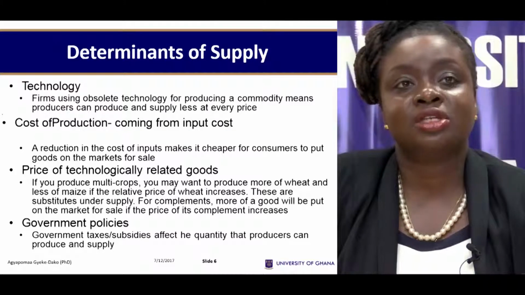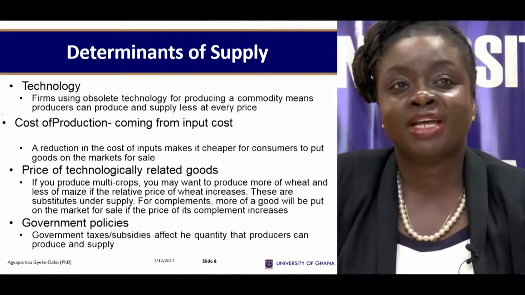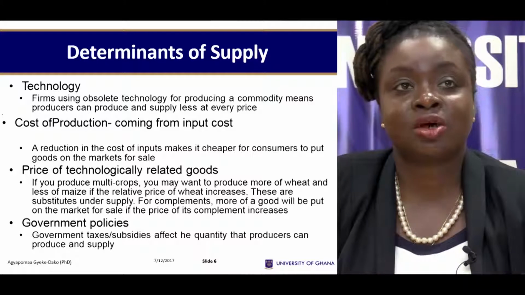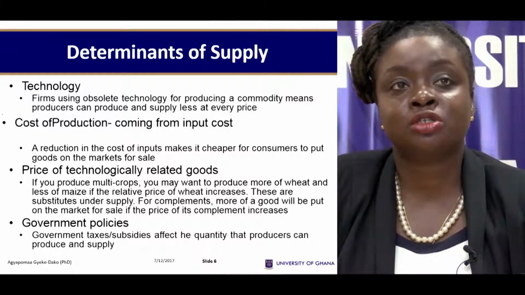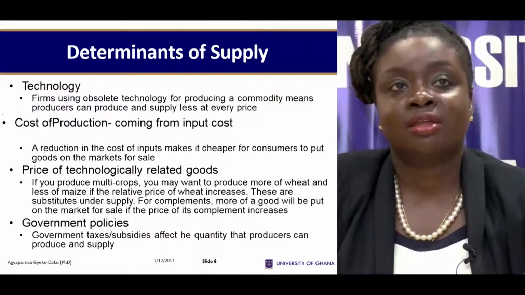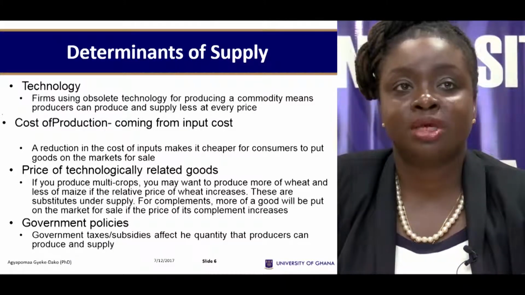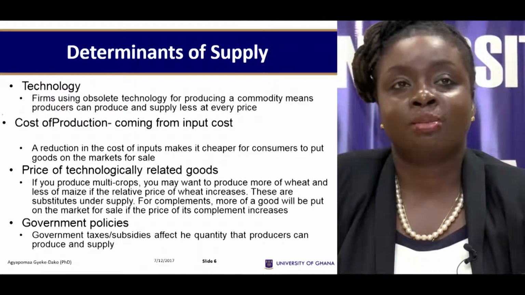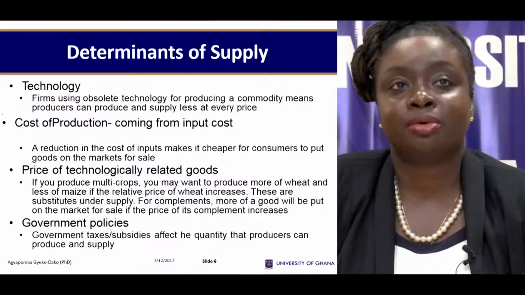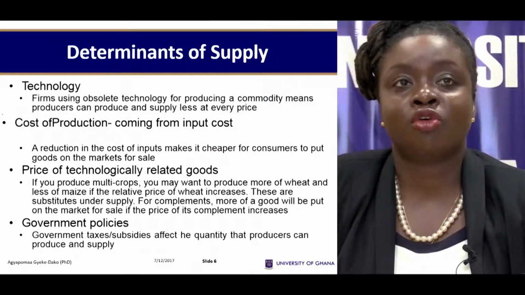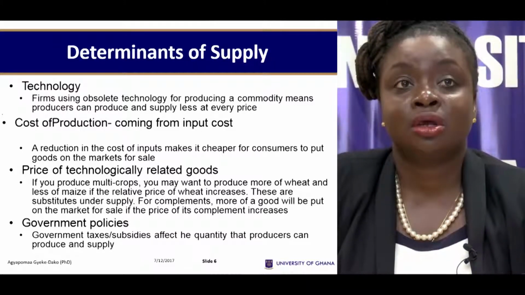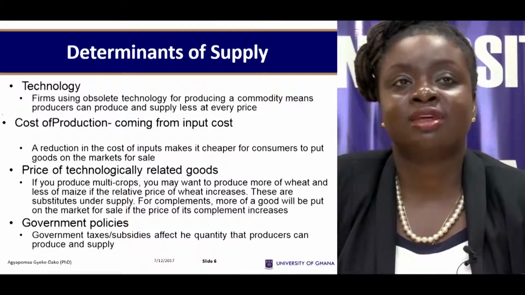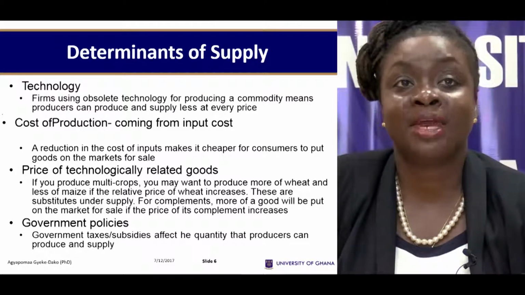If there's an increase in the price of wheat, we expect that producers, as rational as they are, would produce more wheat and therefore less maize. So if the price of wheat went up, the production of maize would go down, and therefore there will be a negative relationship between the price of wheat and the supply of maize.